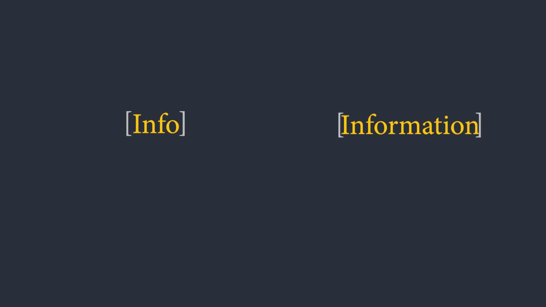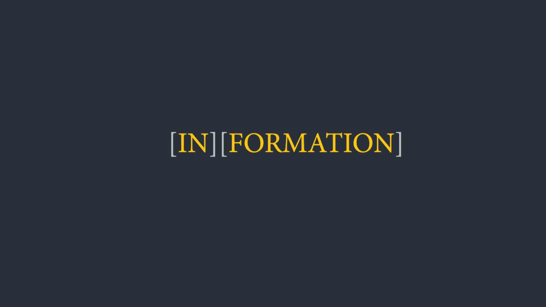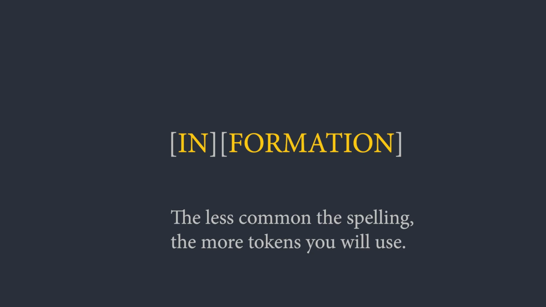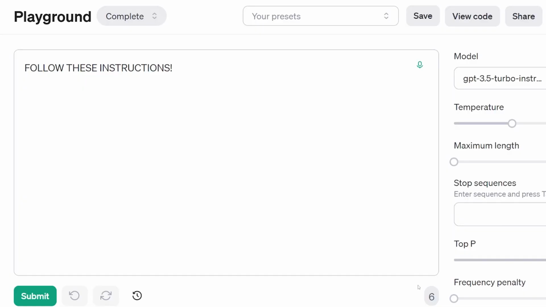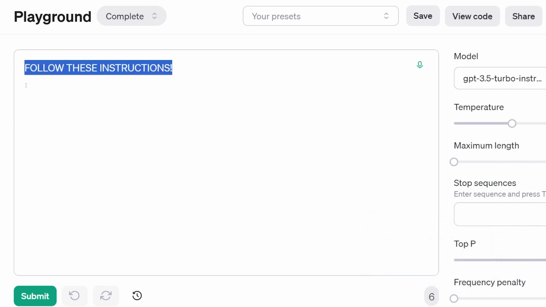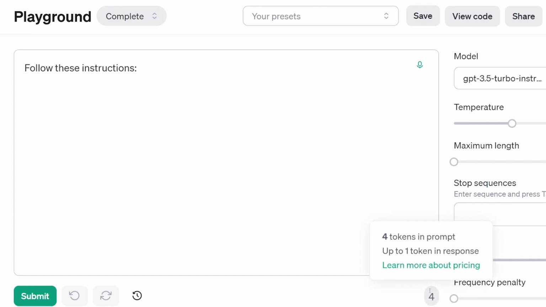For example, "info" and "information" are both a single token, while the all caps "INFORMATION" is composed of 2 tokens. Usually what I find is the more commonly spelled the word, the less token heavy it will be. While using all caps does seem to slightly increase attention, I tend to find that there are almost always better and more token efficient options.